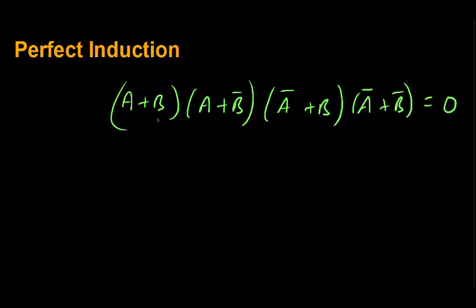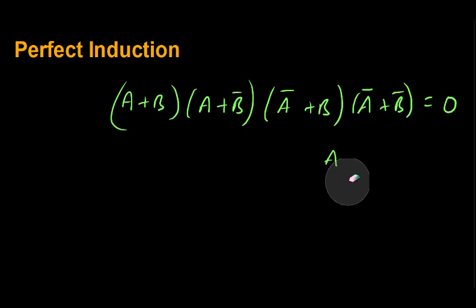Here we have two variables, a and b. There is no other variable, so with two variables we take 4 combinations. I will just write the 4 combinations here, like making a truth table.